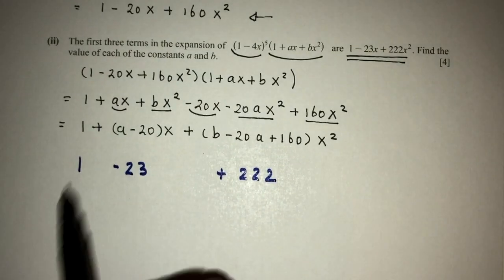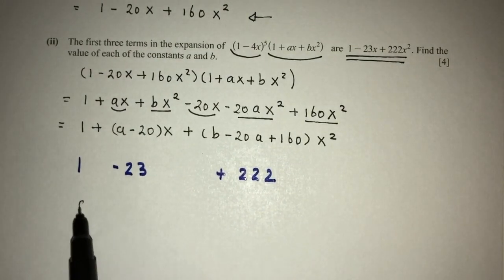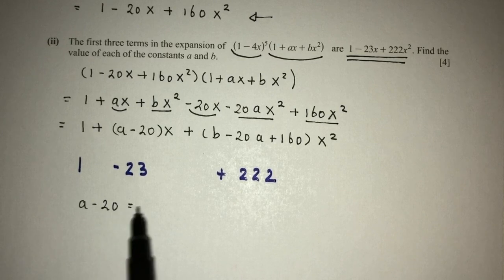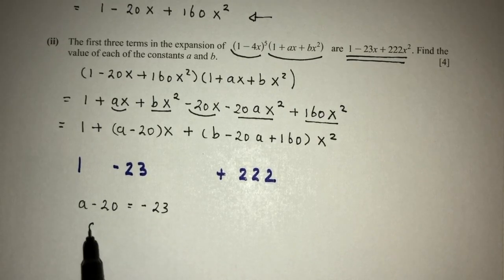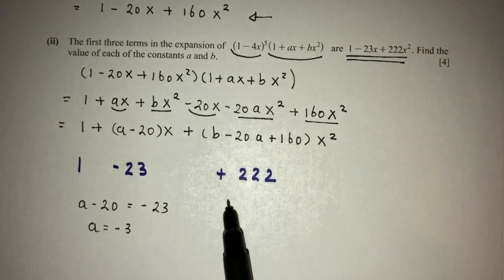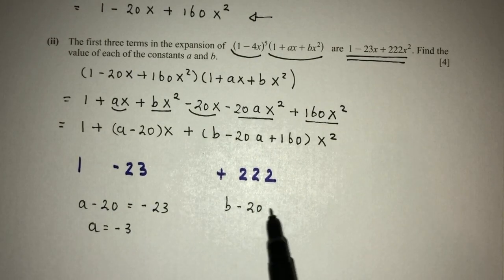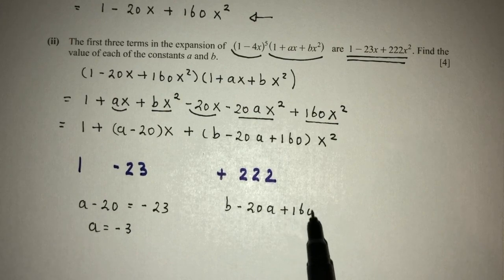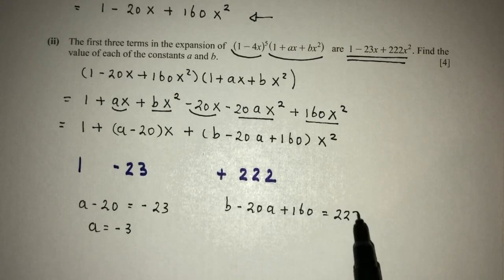For example, I can see that a plus minus 20 is supposed to be minus 23, which means a has to be minus 3, right? Now for this one, b minus 20a plus 160 is supposed to be 222.